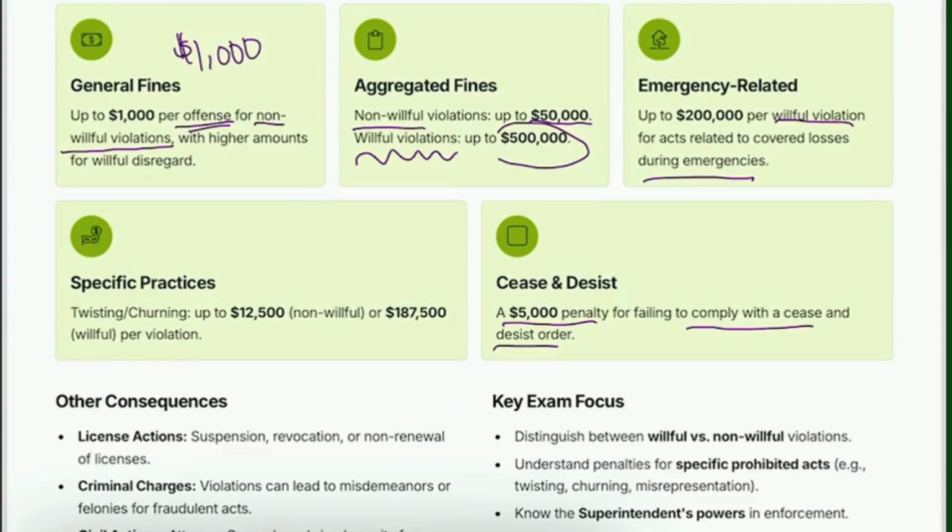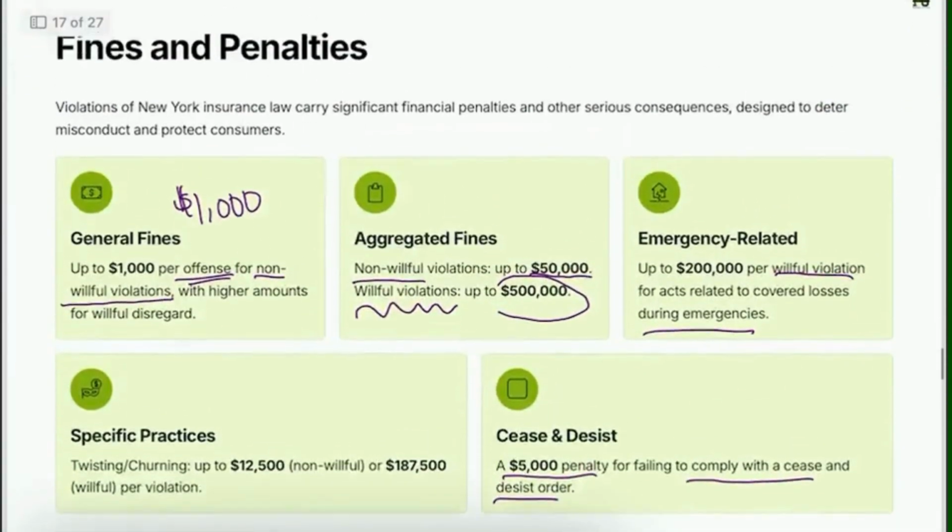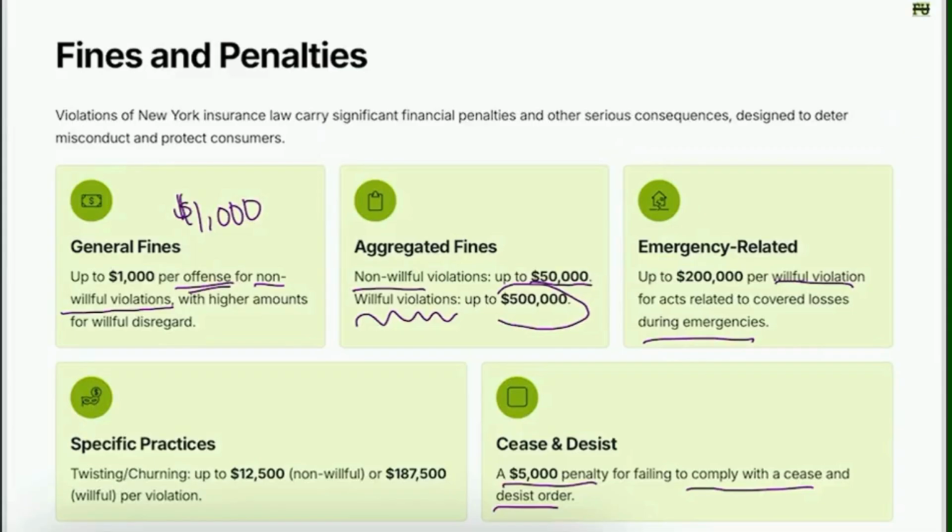Twisting is misrepresenting, misguiding, misleading a customer to drop their current insurance and buy yours. Twisting their arms to do a replacement or replace a policy.